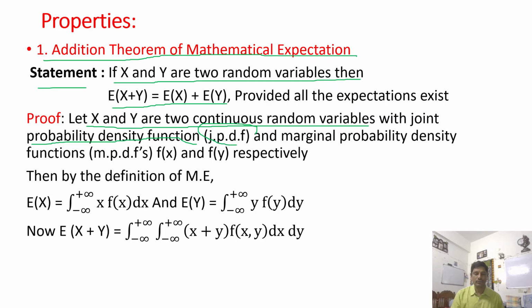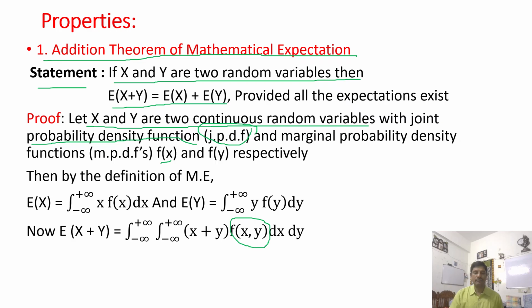The marginal probability density functions are f of x and f of y. The joint probability density function is f of x comma y. You have to remember these two terms.